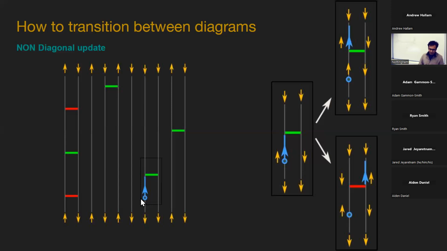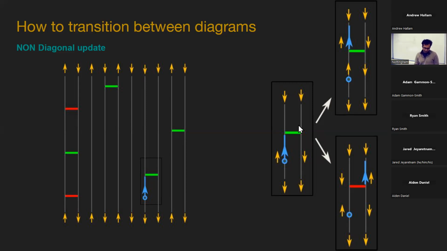So I can think of sending an update instruction across that time slice that keeps moving in the forward time direction. And if there are no operators in some time slice, I can just move the update instruction forward. But the moment it encounters a vertex, it has to do something else.